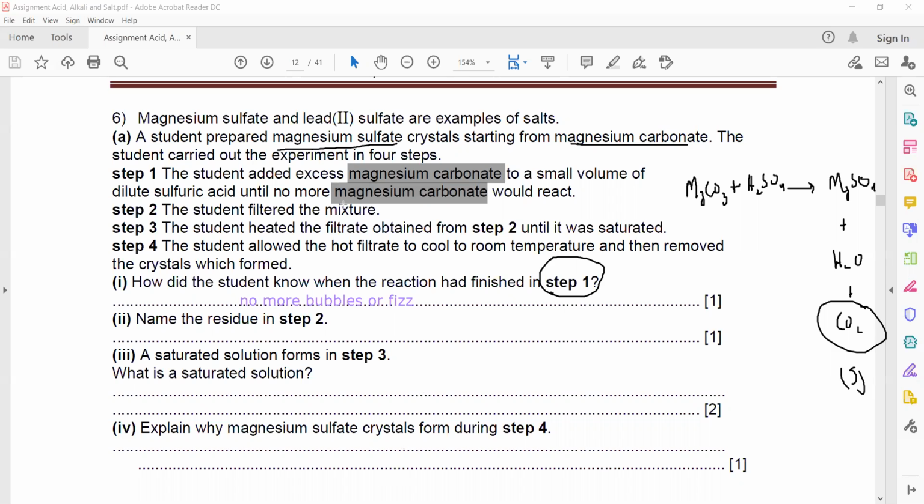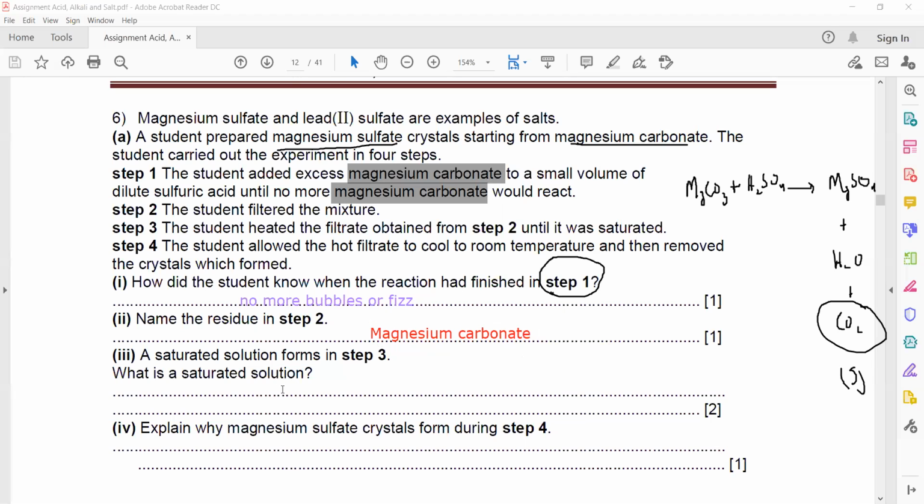And then he filters. So when he filters, what will be left? It will be magnesium carbonate. Why magnesium carbonate? Because the magnesium carbonate is in excess and unreacted. So unreacted magnesium carbonate will be left on the filter paper.